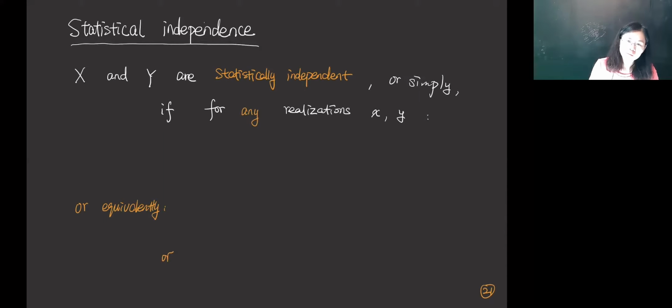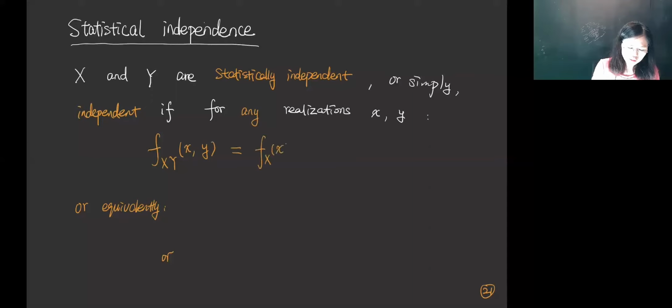The two random variables x and y are statistically independent, or simply we say are independent, if for any realizations of the two variables, little x and little y, their joint PMF satisfies the product rule.